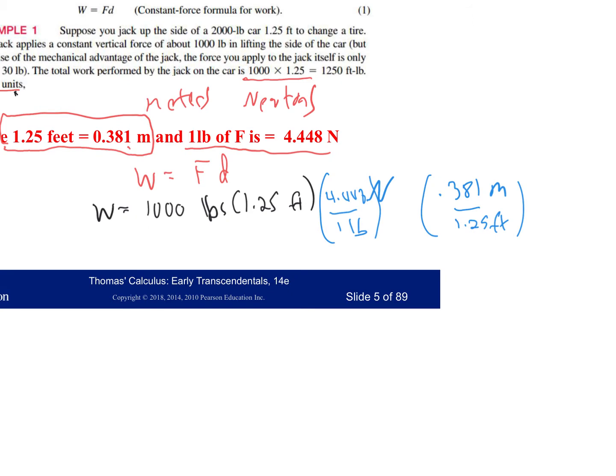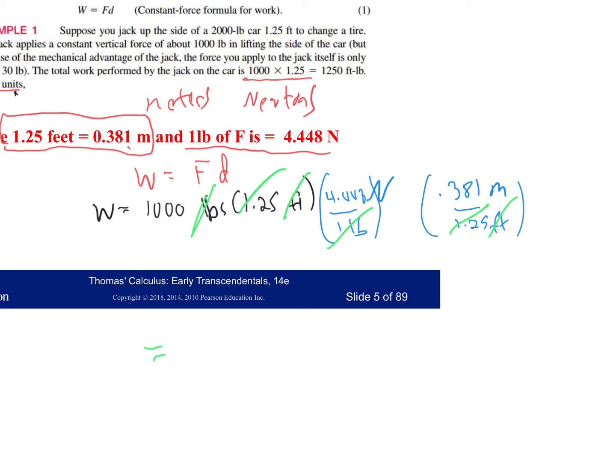You realize that the pound unit cancels out the pound unit in the numerator. The feet unit cancels out the feet unit here. As a matter of fact, the 1.25 cancels out that 1.25.